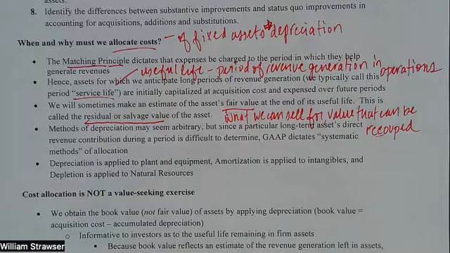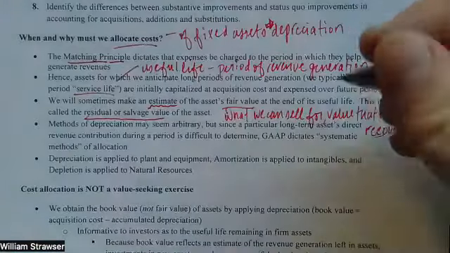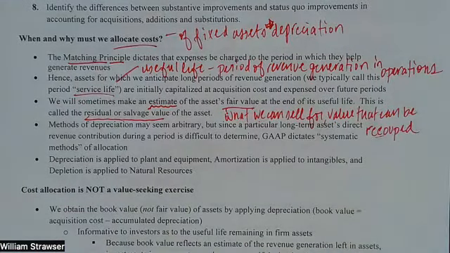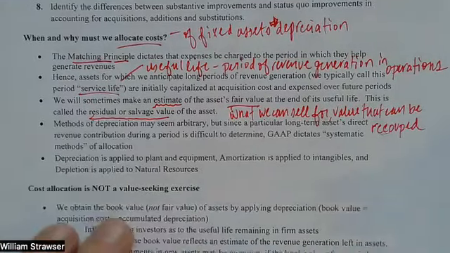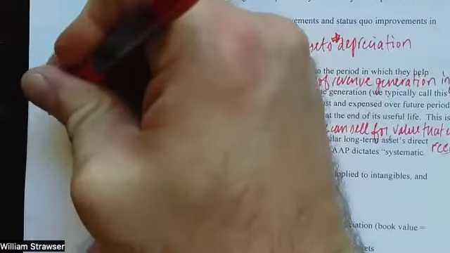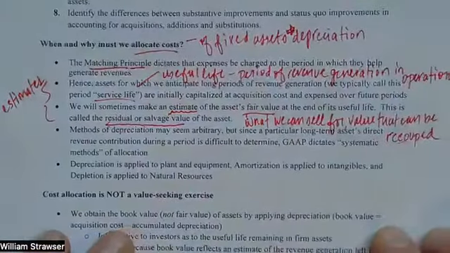It's just a prediction, an estimate, and so is the service life. We have an estimation of how long we're going to be able to use this. And so because both of these are estimates, we will sometimes have to revise those estimates over the life of the asset.